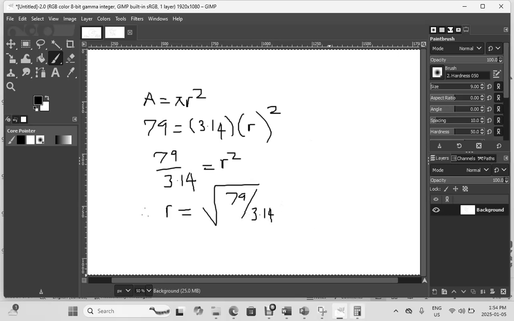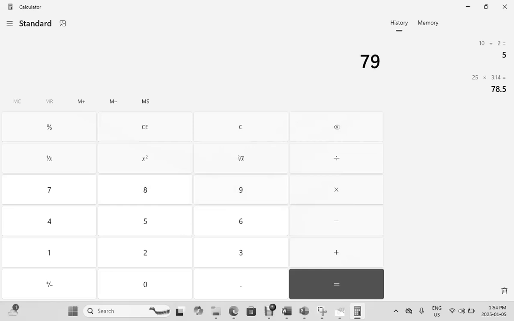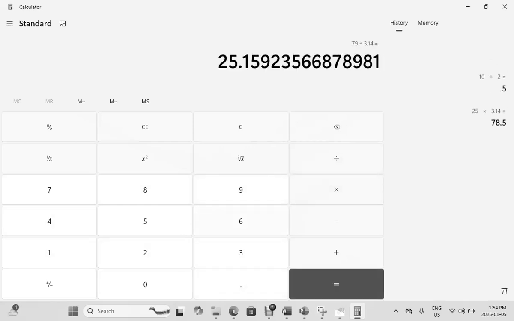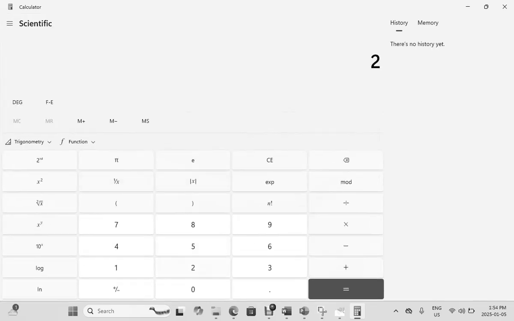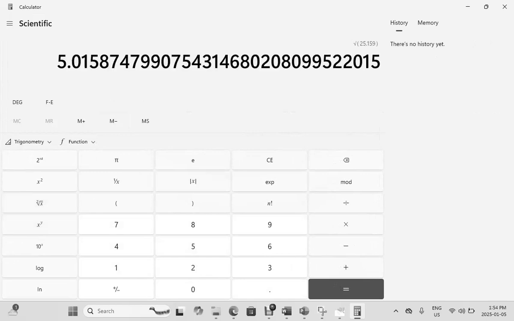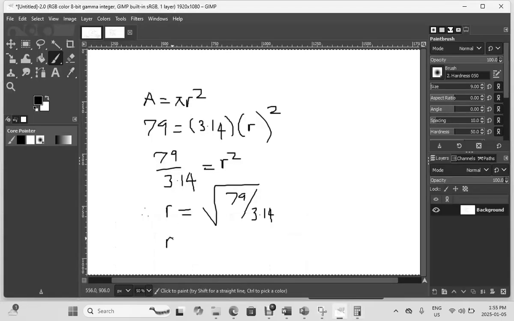So let's do the math. 79 divided by 3.14 is 25.159. Let's find the root. The square root of 25.159 is 5, which means your radius is 5 meters.